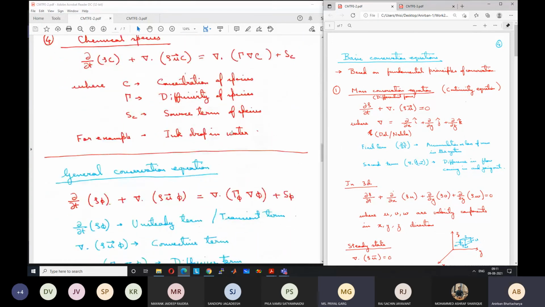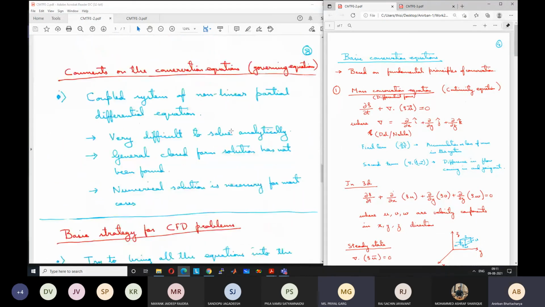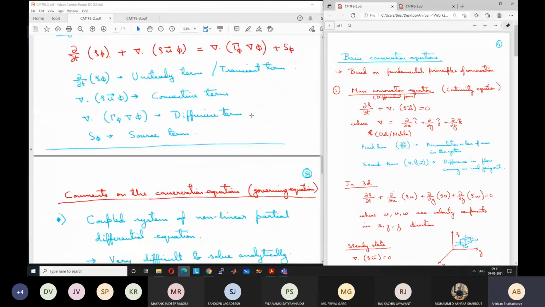So, some comments on the equations we have discussed previously. Again, let us repeat. These are coupled systems of nonlinear partial differential equations. They are partial differential equations because there are multiple independent parameters like x, y, and time t, and the dependent parameter can be temperature, velocity, or concentration.